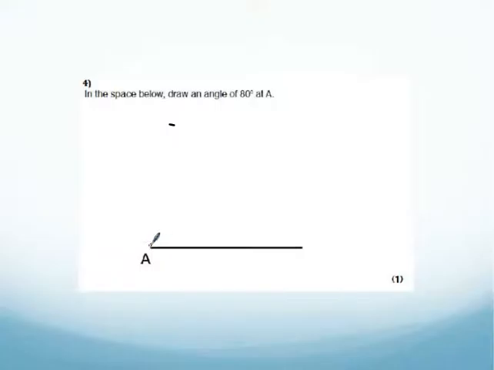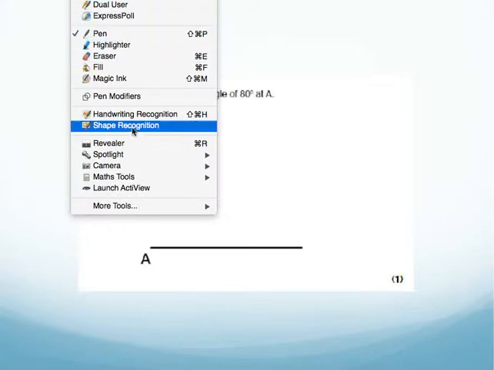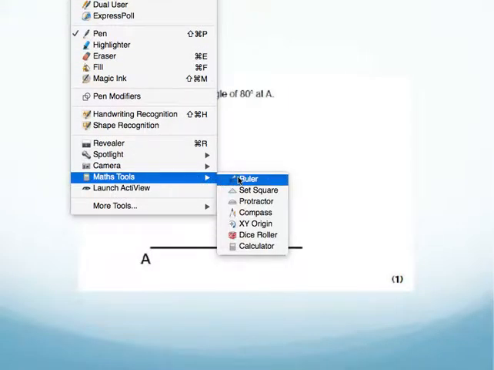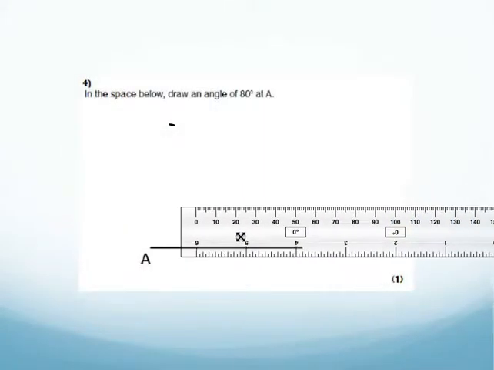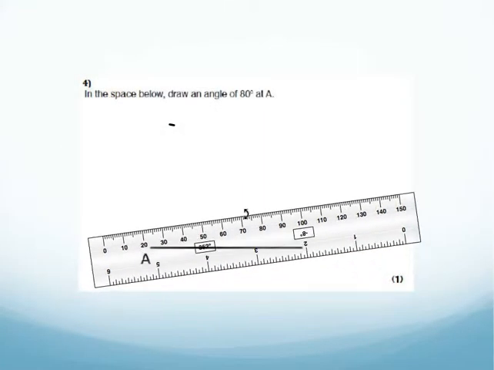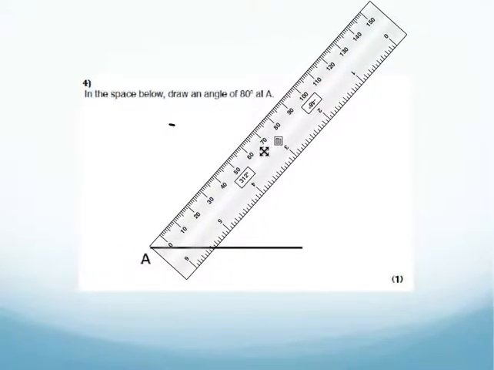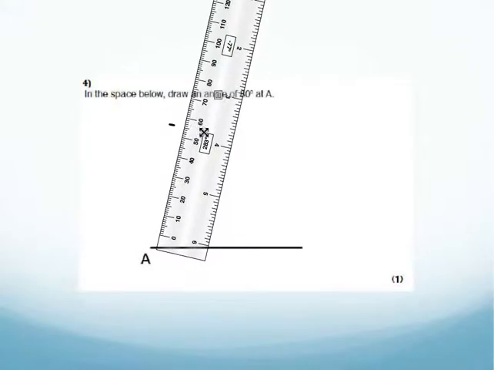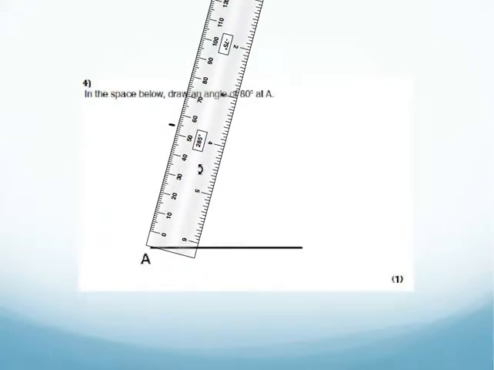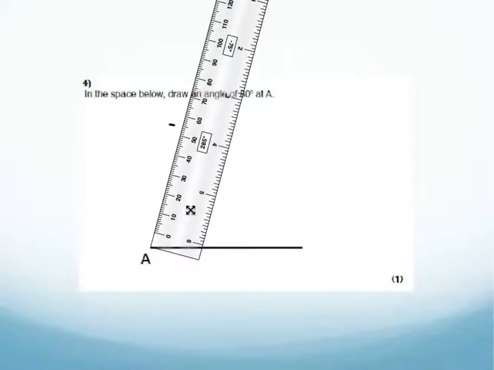And at this point, using a ruler, what you should be able to do is, if I move this around, turn this. Let's get this ruler lined up so it's on this point here, and then turn it round. So use a ruler. Here we go.